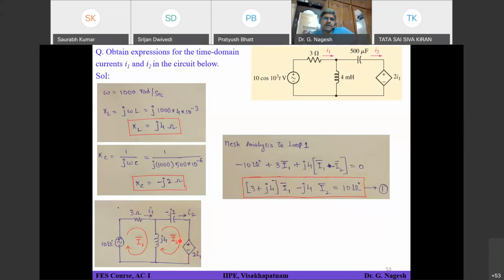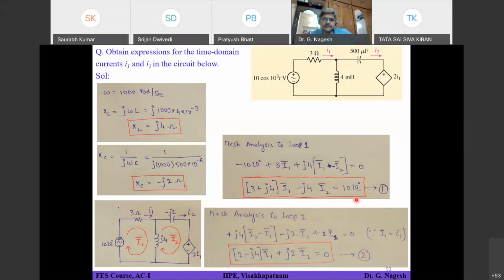For loop 1, this is what you have to write: minus 10 at an angle of 0 degrees plus 3 into I1 phasor plus 4 into (I1 minus I2 phasor), exactly what you told. If you segregate it, you get this kind of expression. For the second equation, I start at this point: plus j4 into (I2 minus I1).